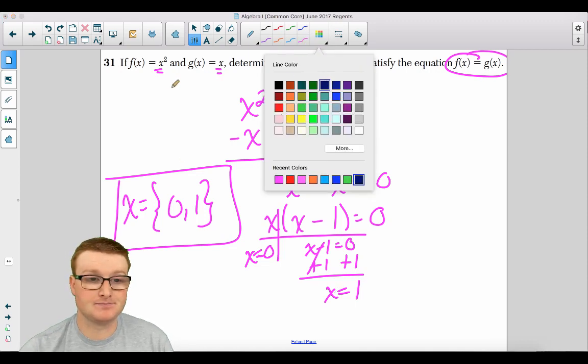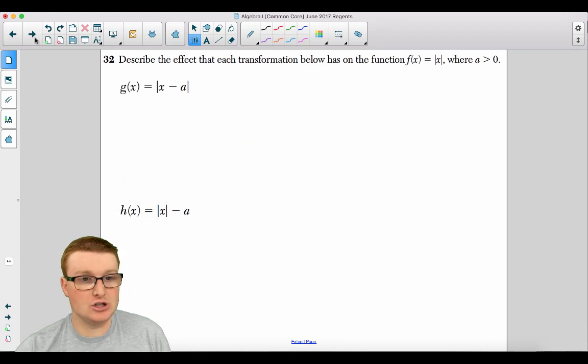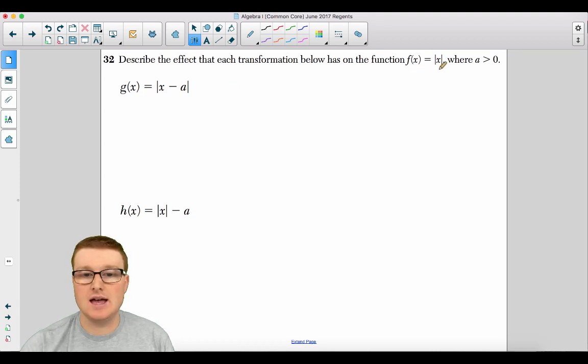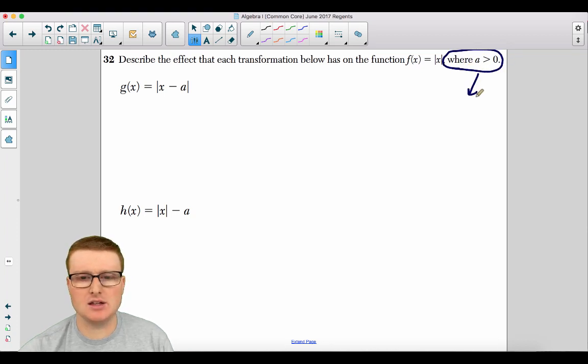All right, moving on. 32. Describe the effect that each transformation below has on the function f of x equals the absolute value of x. Where a is greater than 0. What this is telling you is that a is a positive number.